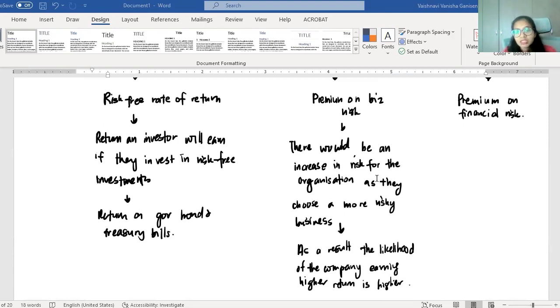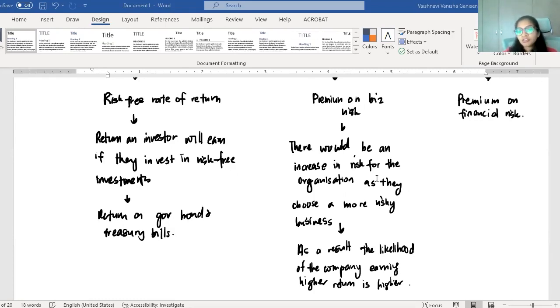All right. This means that it relates to the danger of an organization having a higher debt in their capital structure.